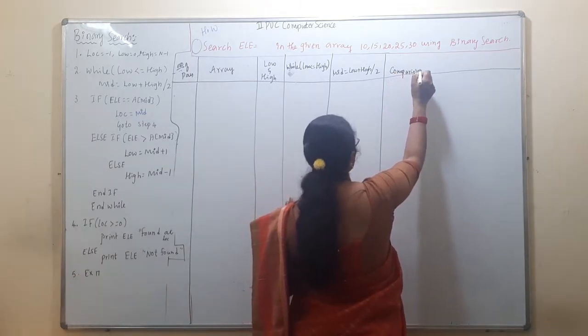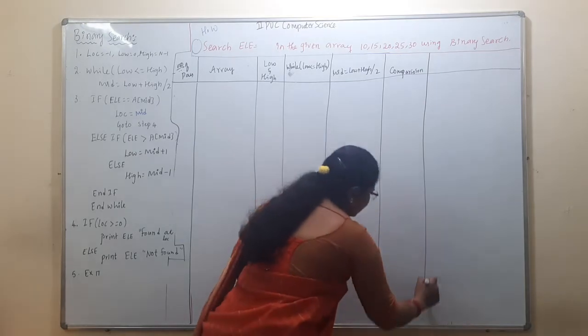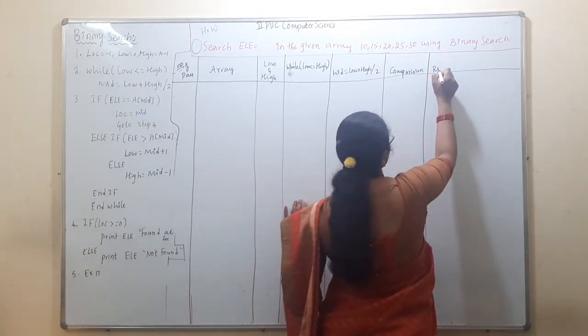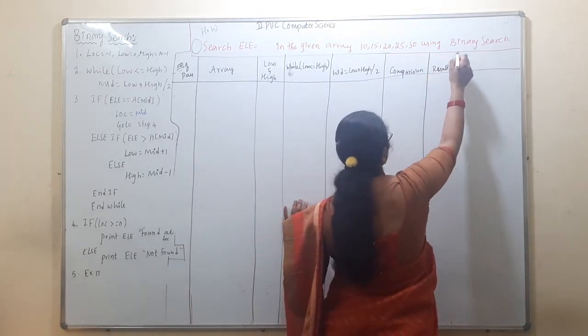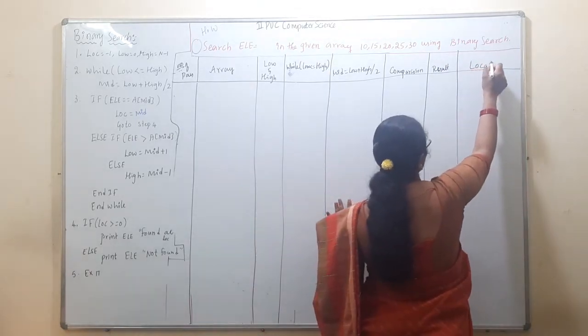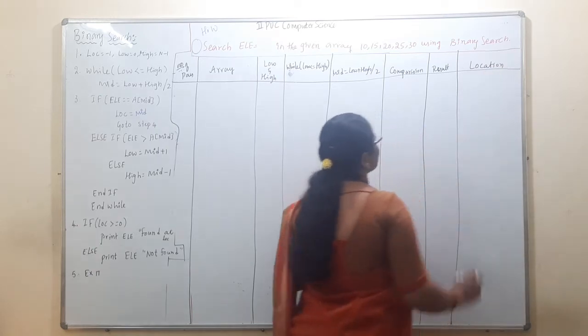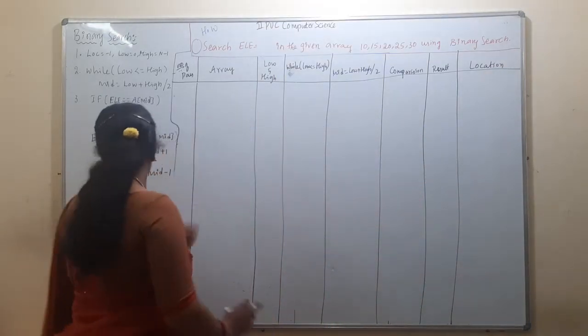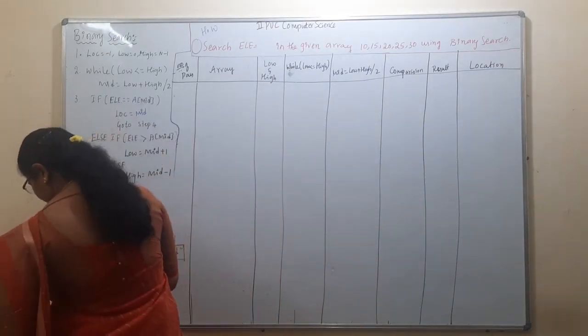Comparison is always the first one we check. And what is the result of the comparison? If it is true, then we change the location. If it is false, then the location remains the same. Okay. We traverse.